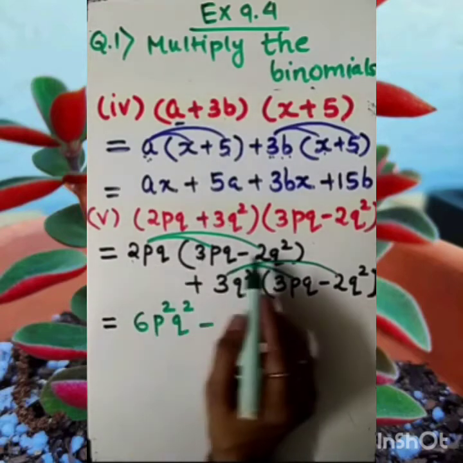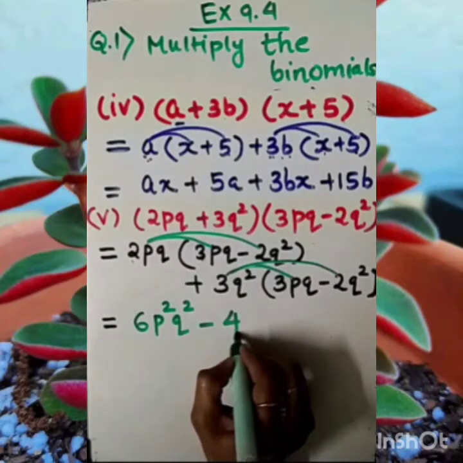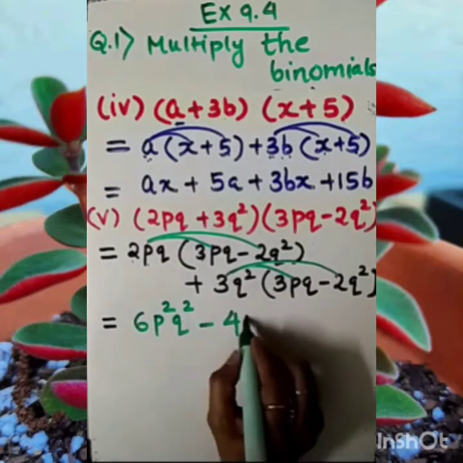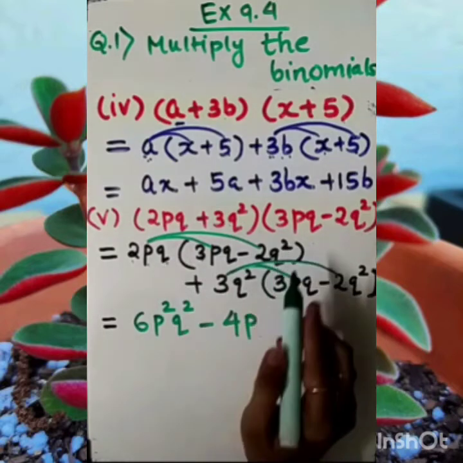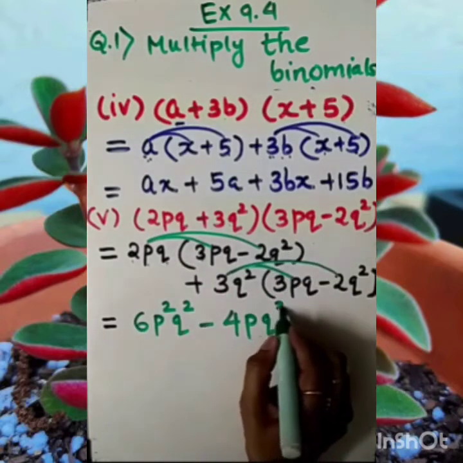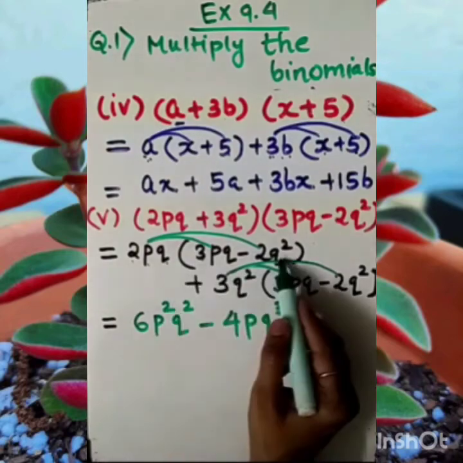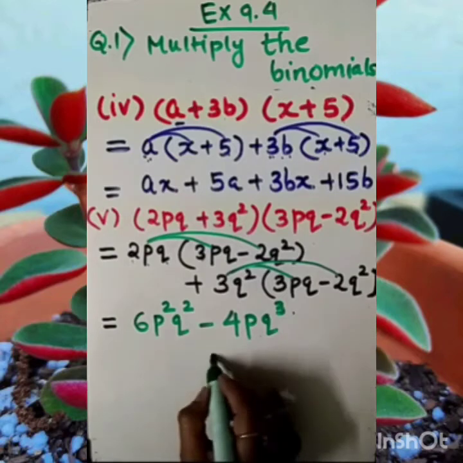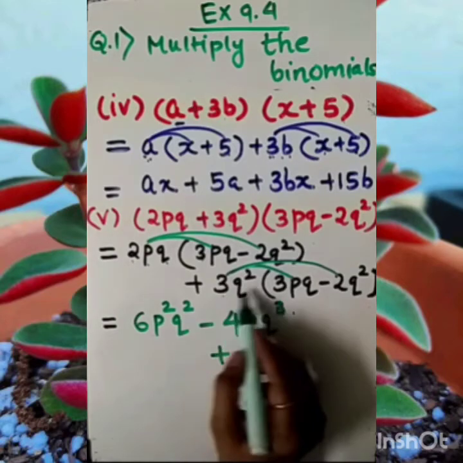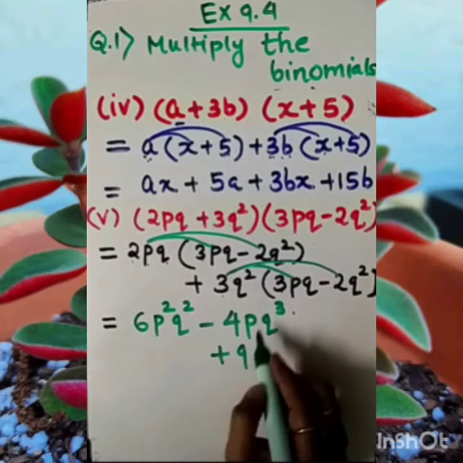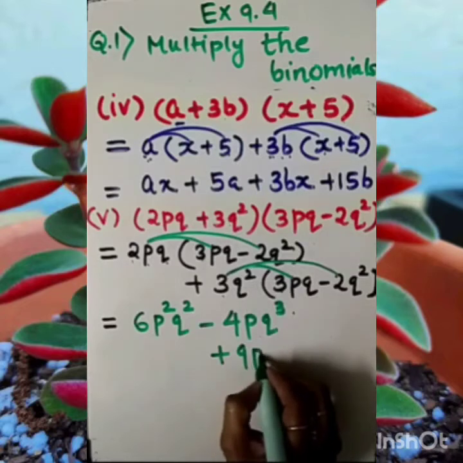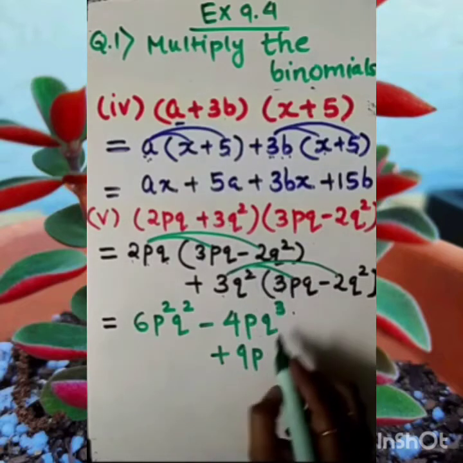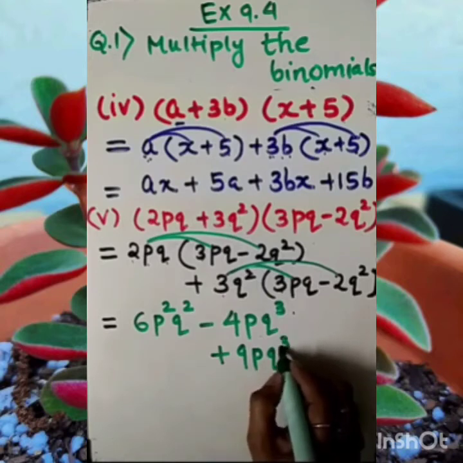Minus 2 into 2, 2 times 2 is 4. P is already there. Q into Q square gives the result Q cube. Q into Q square, Q here 3 times, so Q cube. Plus 3 times 3 is 9. P is already there. Q square into Q gives the result Q cube.